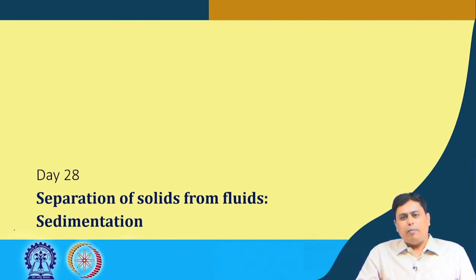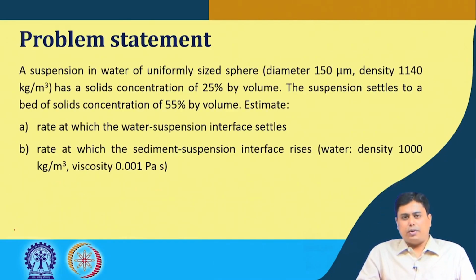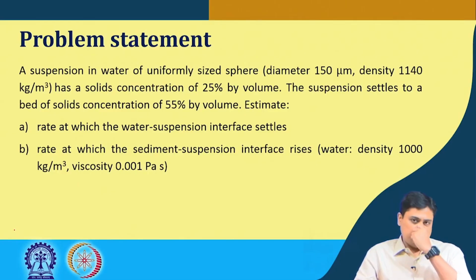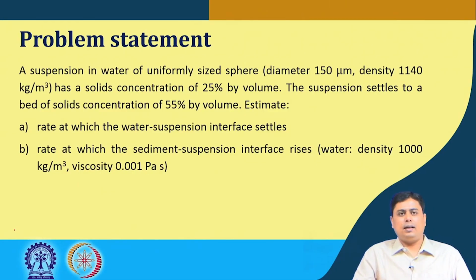So going back to the batch operation, here is a problem that says a suspension in water of uniformly sized spheres has a diameter of 150 micron, density 1140 kg per meter cube, and a solids concentration of 25% by volume.